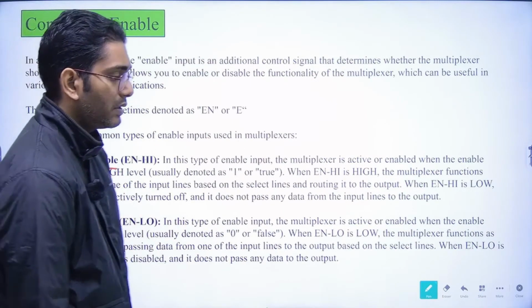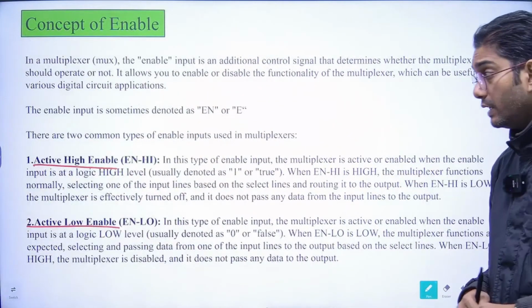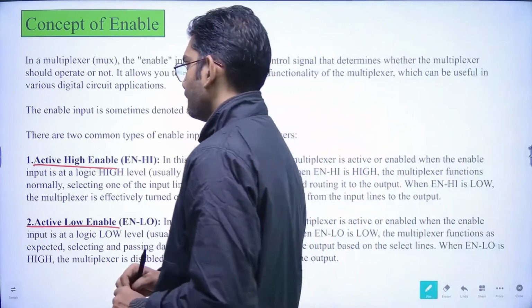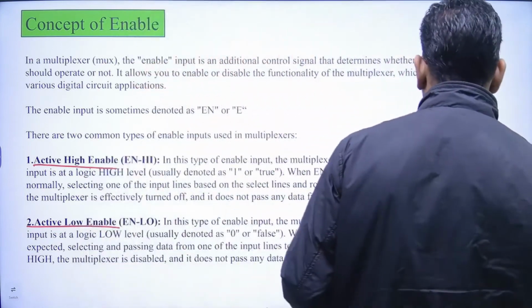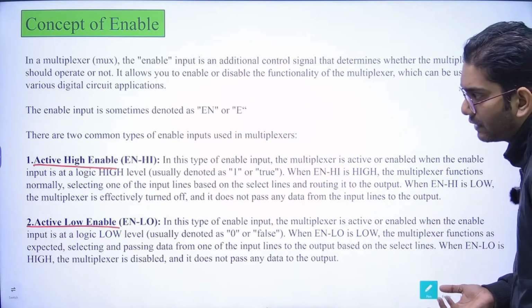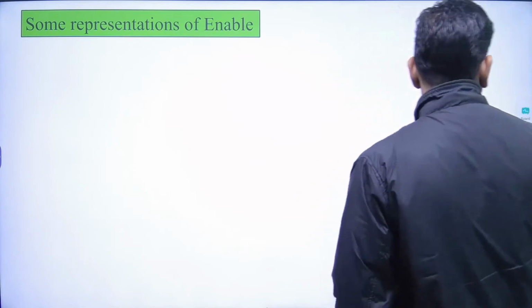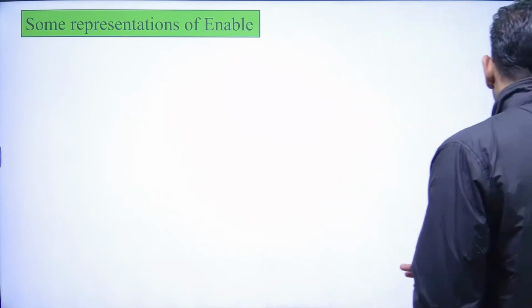Now there are some representations of these active high and active low enables, and we will understand those representations here.